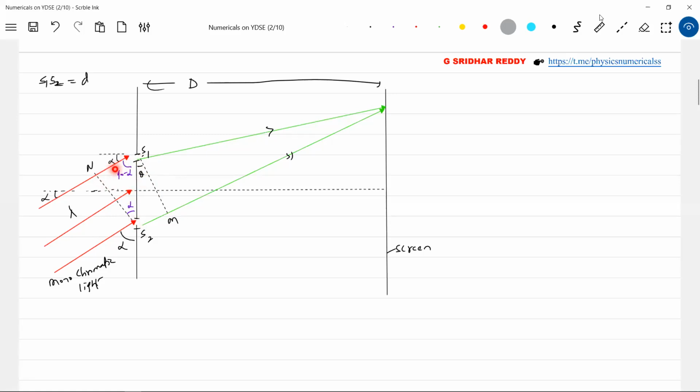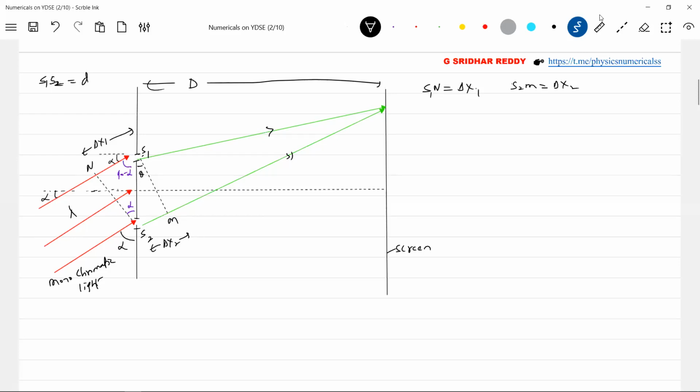So this much additional path the ray passing through slit S1 will cover before the slits. This additional part the ray passing through slit S2 will cover after the slits. Let me write the path difference before the slits as delta x1, and the path difference after the slits, S2M, let it be delta x2. This is delta x2, this is delta x1.